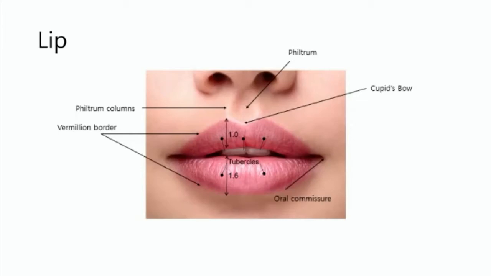But we consider the border, the lip position, and how much volume they want. First, we consider the vermilion border and the skin. The second consideration is the tubercles. The lower lip has two parts of the tubercles, and the upper lip has three parts. The next consideration is the cupid's bow. This is a very important part of lip augmentation because this point makes the lips look more sexy.